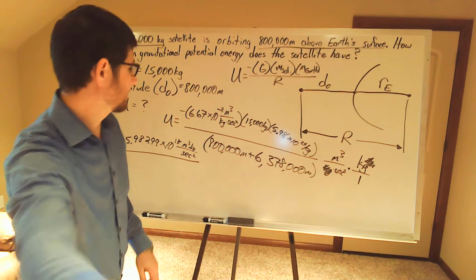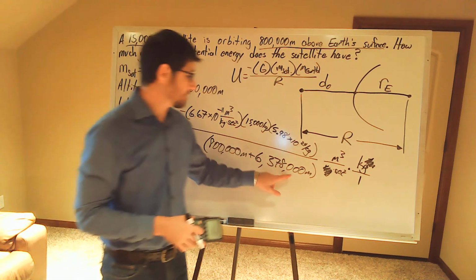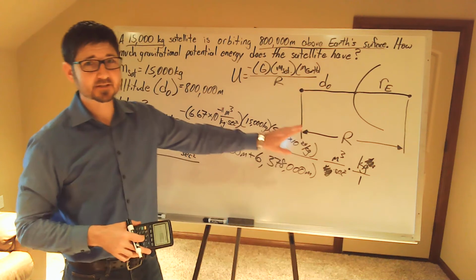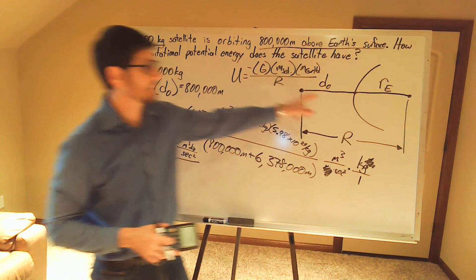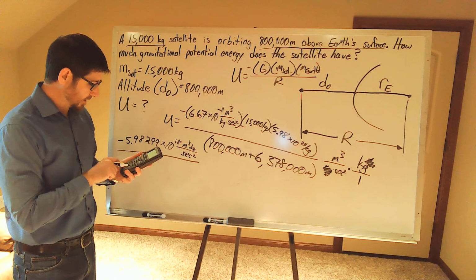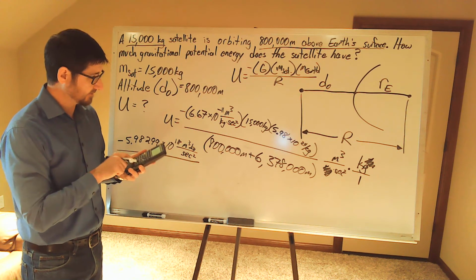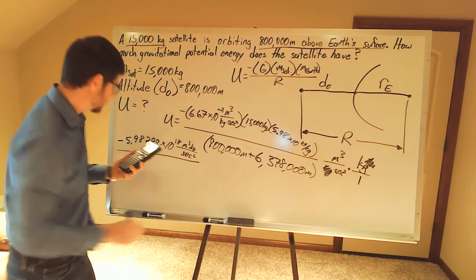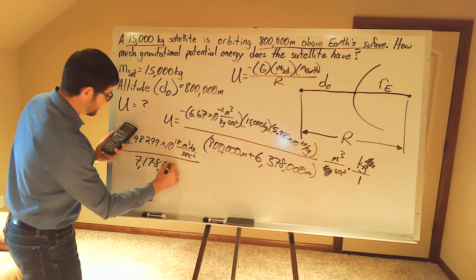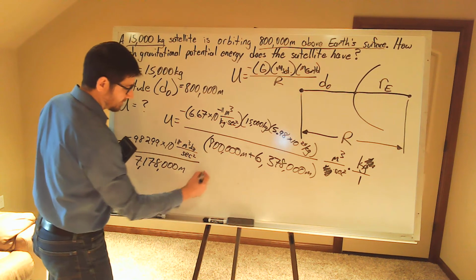In my denominator, we're just going to add these two values. Remember, this variable R is the center to center distance between the satellite and the Earth. So 800,000 plus 6,378,000 gives me 7,178,000. And meters plus meters, we're in units of meters.